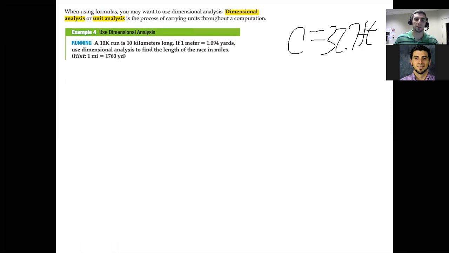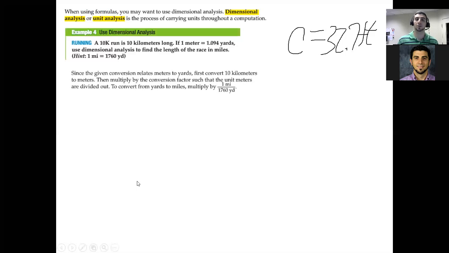Use dimensional analysis to find the length of the race in miles. Okay, so here's how we're doing it. Since the given conversion relates meters to yards, first you want to convert 10 kilometers to meters, then multiply by the conversion factor such that the unit meters are divided out. And to convert yards to miles, multiply, since 1 mile is 1760 yards.